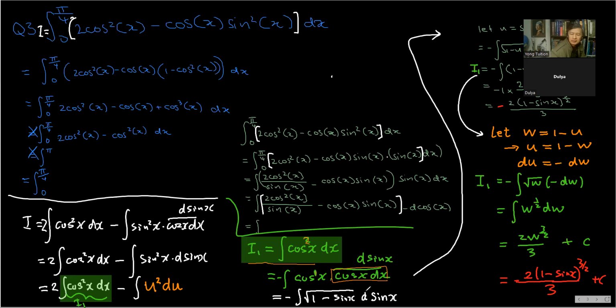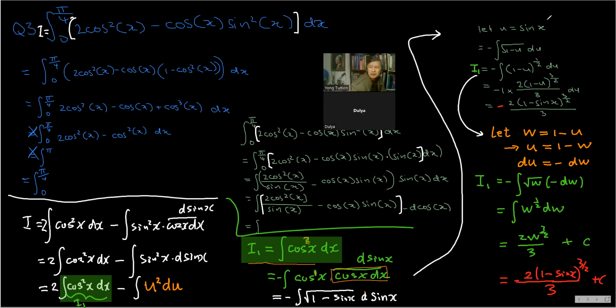Then we do substitution, so we got this simplified form. If I use another substitution w, then we get an even simpler form. This is how we solve this.